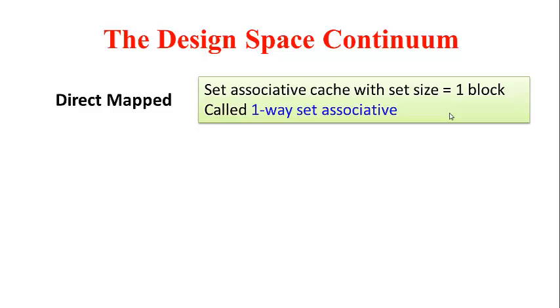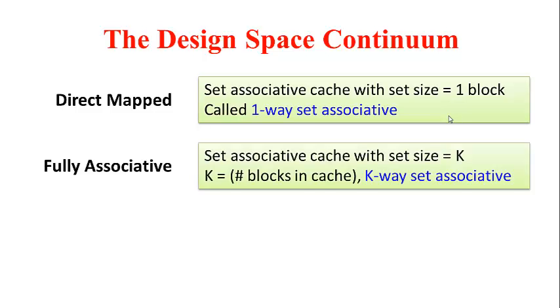So we could potentially call it a one-way set associative cache. In the case of fully associative, we can consider it as nothing but a set associative cache with exactly one set. And the size of this set is going to be k, where k is nothing but the number of blocks in the cache. So we can also call this a k-way set associative cache.